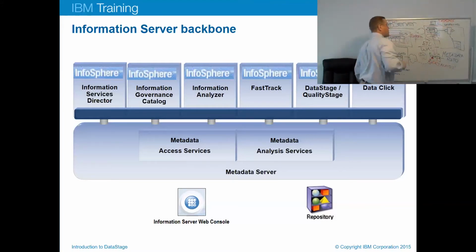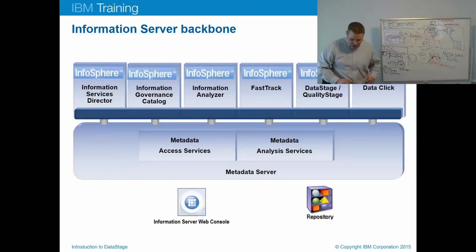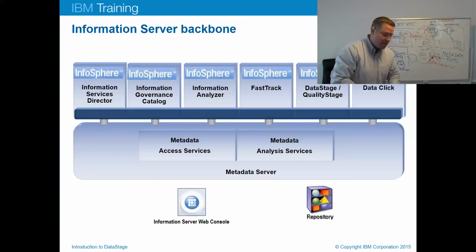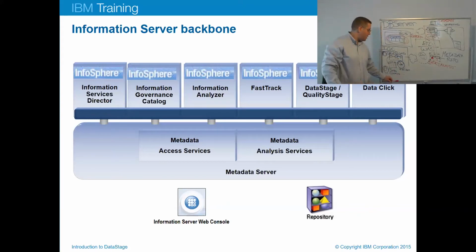I can run a report to say, show me all the jobs that were built using that sales table's metadata. So I'm going to teach you how to do that. I'll teach you how to do impact analysis, how to look for relationships, to make sure that we're able to prepare for those changes, to understand what the impact would be, and where needed, make any alterations.